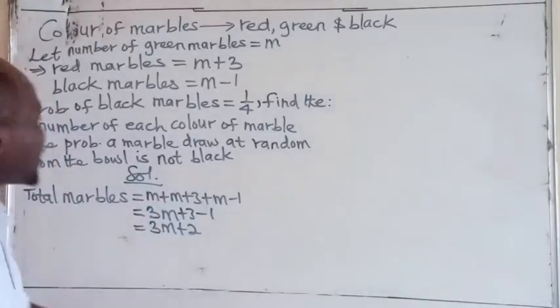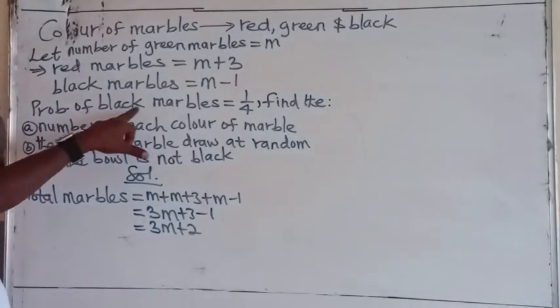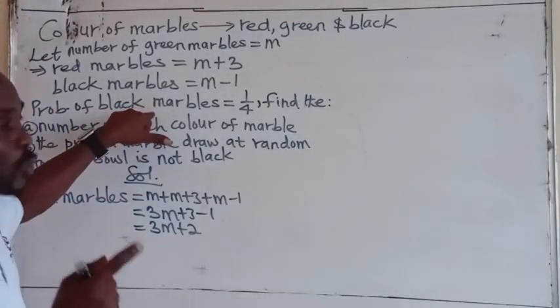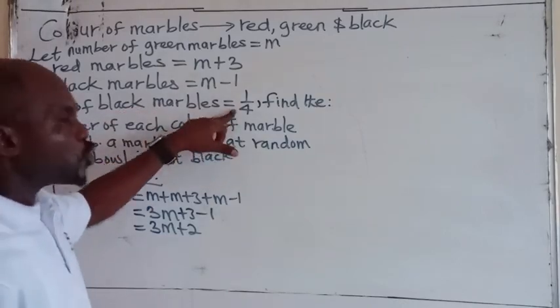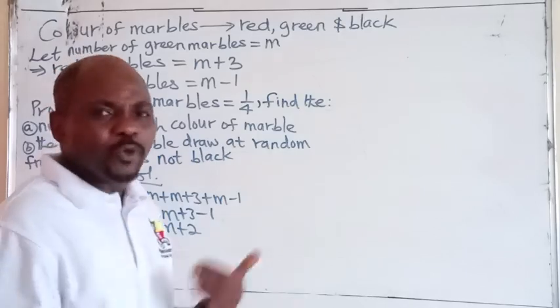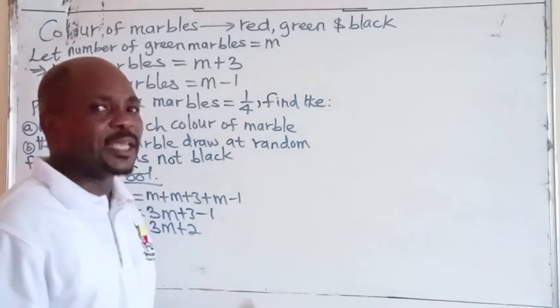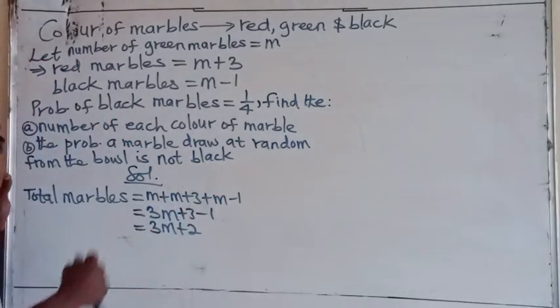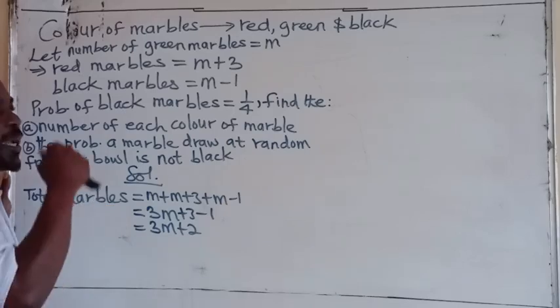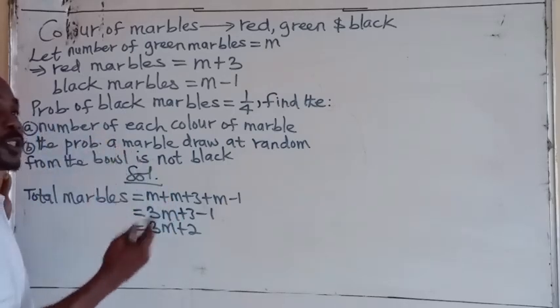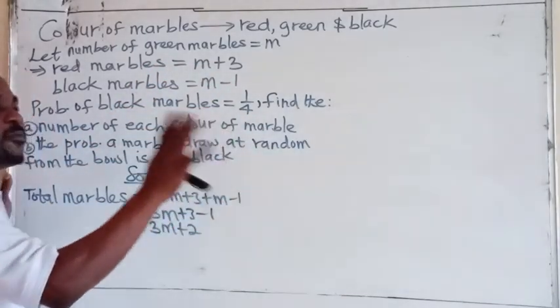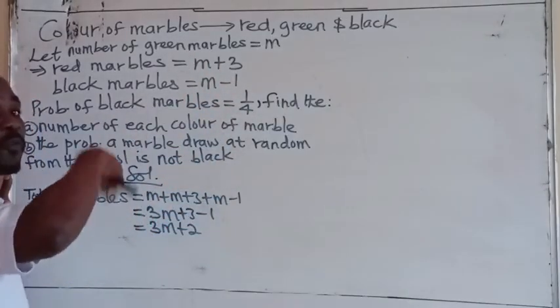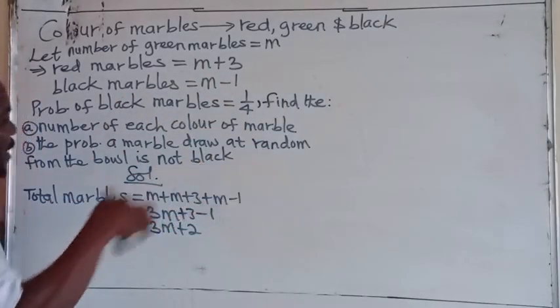But the question says the probability of picking a black marble is 1/4. So how do we get the probability of picking a black marble? The probability of picking a black marble is the number of black marbles in the bag divided by the total number of marbles in the bag.